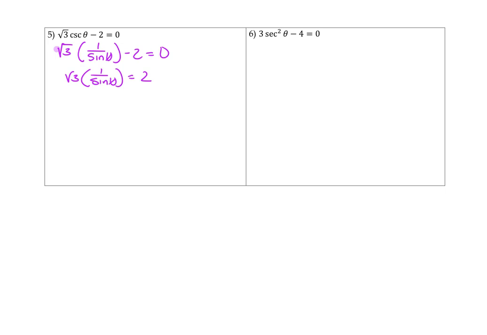Now what we're going to do is multiply by that reciprocal of sine theta to both sides. And that is how we get rid of this here. So now I have root 3 equals 2 sine theta. Now I'm going to divide by 2, so root 3 divided by 2 is sine theta. Inverse both sides.